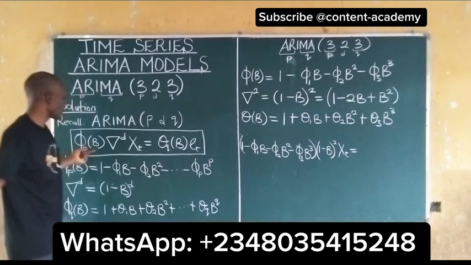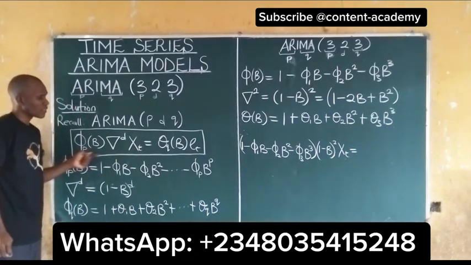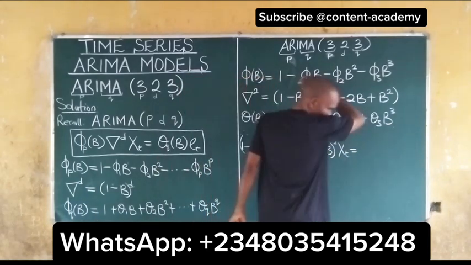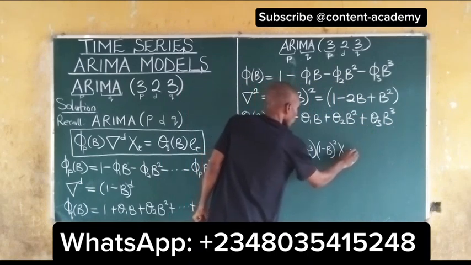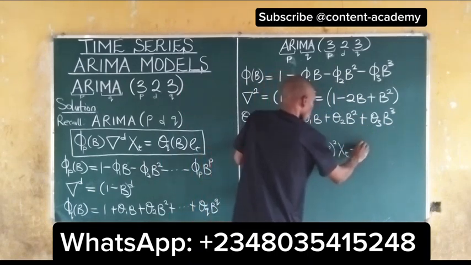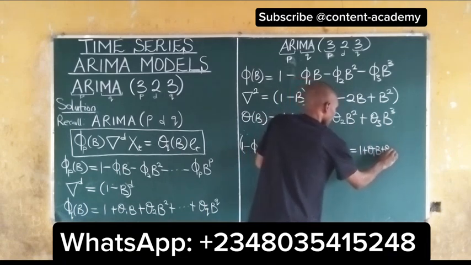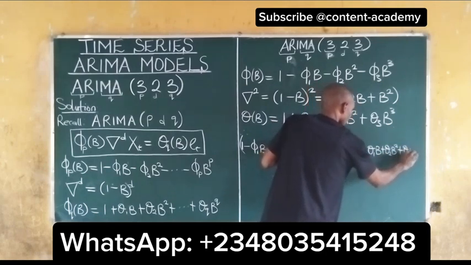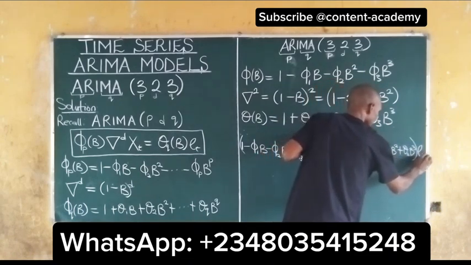So we succeeded in writing this part of our model. Now we have to write that of the MA part, which is, because of space, we start here, equal to, say, 1 plus theta 1 B plus theta 2 B squared plus theta 3 B3, then ET.